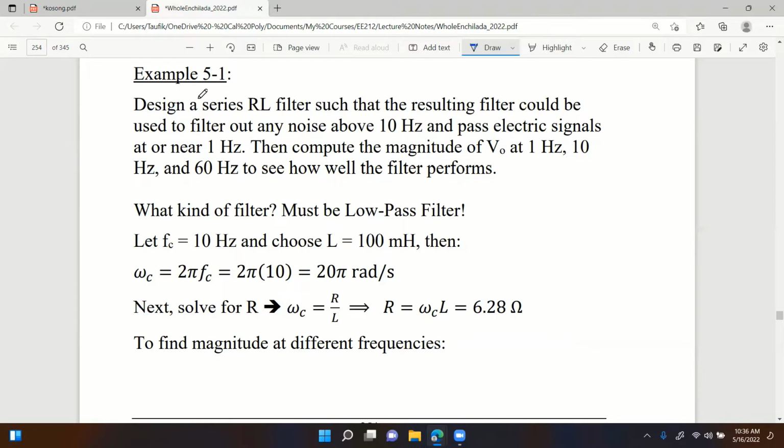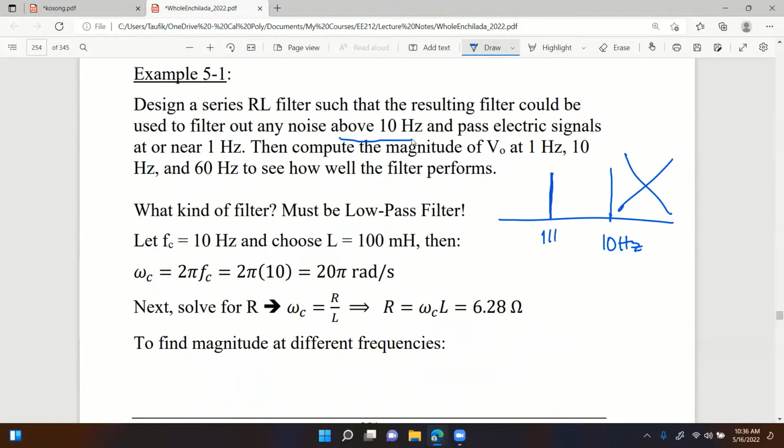If you read the problem statement, it says design a series RL filter such that the resulting filter could be used to filter out any noise above 10 hertz. So block any signals above 10 hertz, and then pass electric signals at or near 1 hertz.